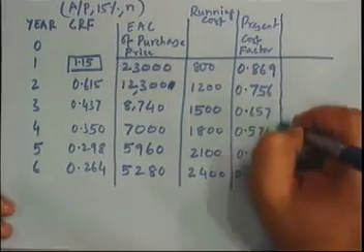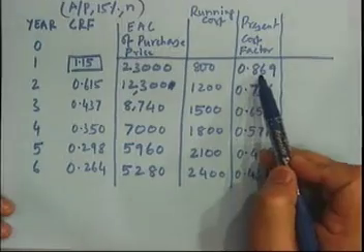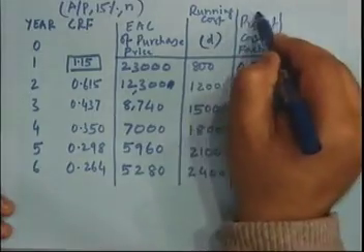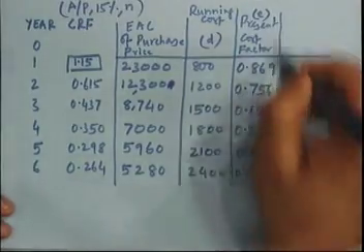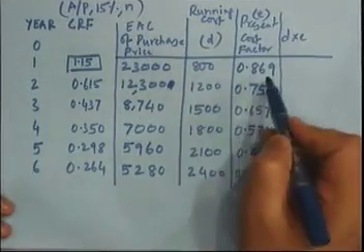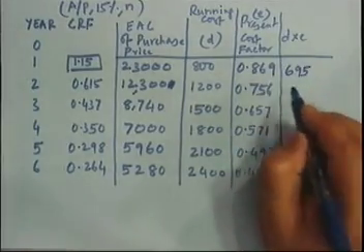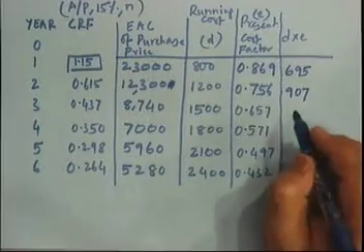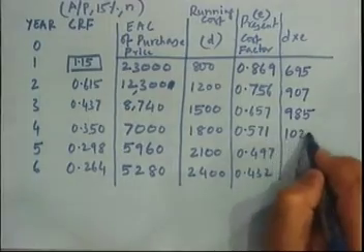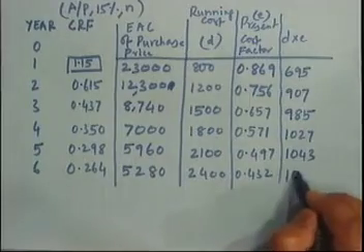Now, what I have to do is multiply this 800 by this. So, if you call this column D and this E, I have to write D into E. So, 800 into 0.869 becomes 695, then this becomes 907, 985, 1027, 1043 and 1036.